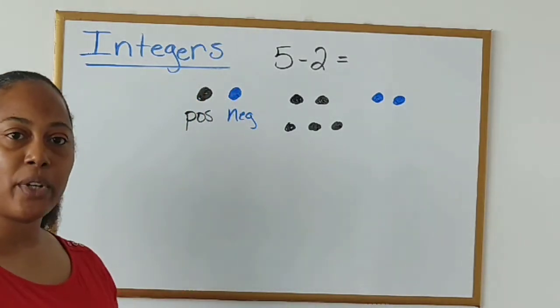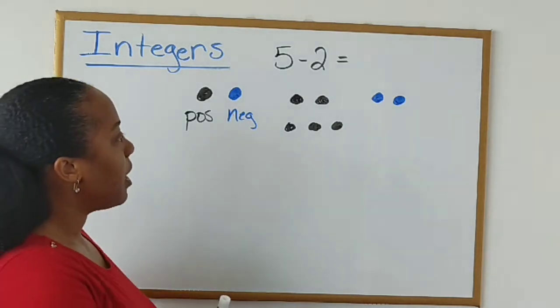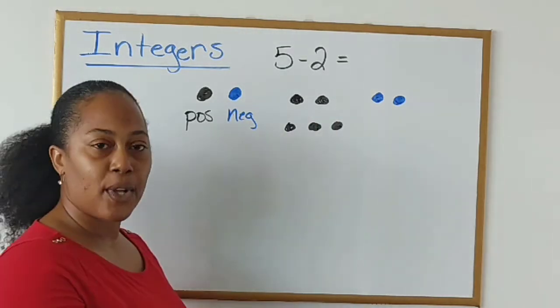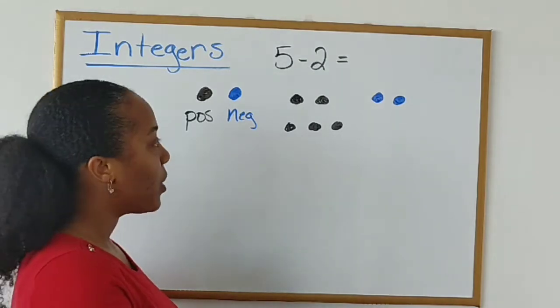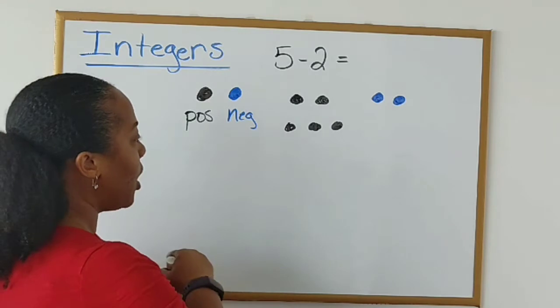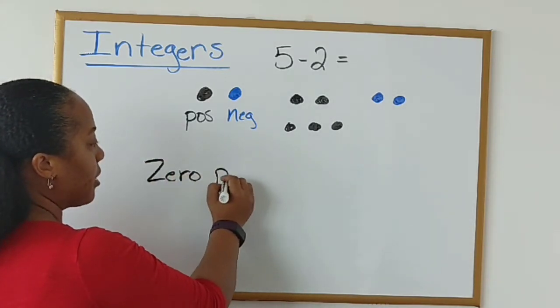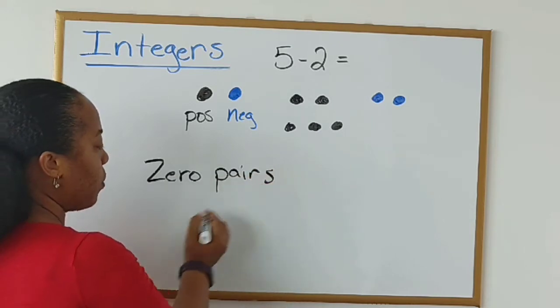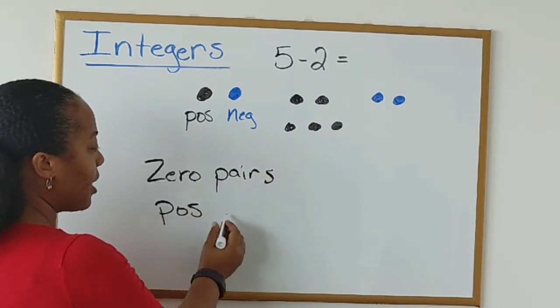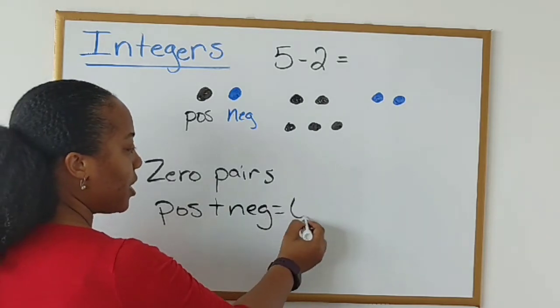Well, this comes in where you learn about zero pairs. Well, a positive and a negative is always going to equal 0. So we can kind of cancel them out. And so it's called zero pairs. When a positive plus a negative cancel and equal 0.